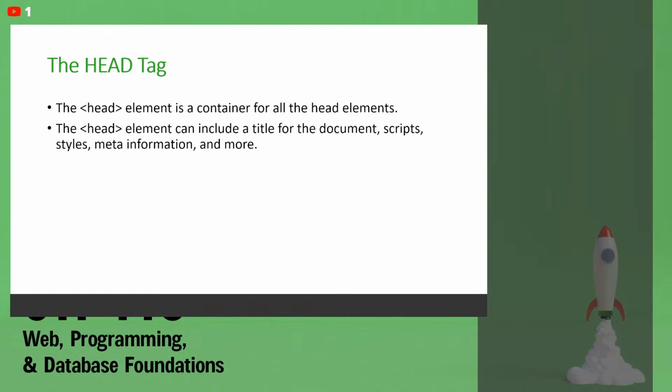It's primarily metadata, files that are linked that your website uses, the title of your site, right? So it's scripts, meta information, and the title. Things that aren't necessarily displayed directly on your page. And that goes in the head.